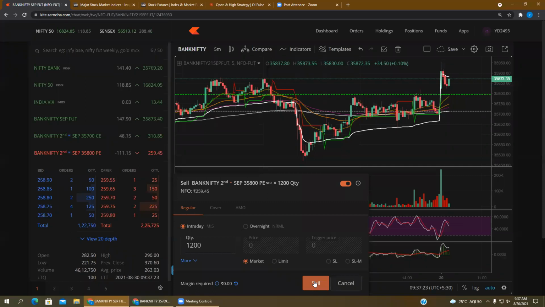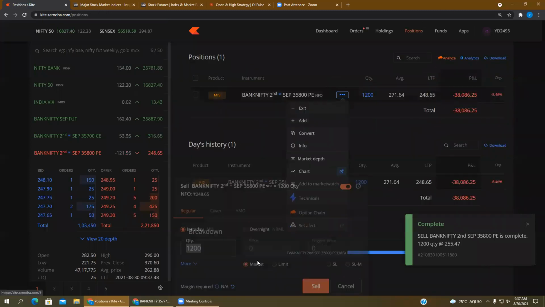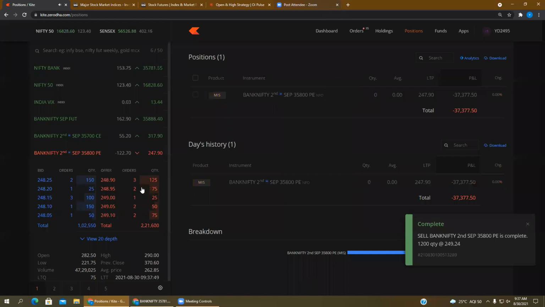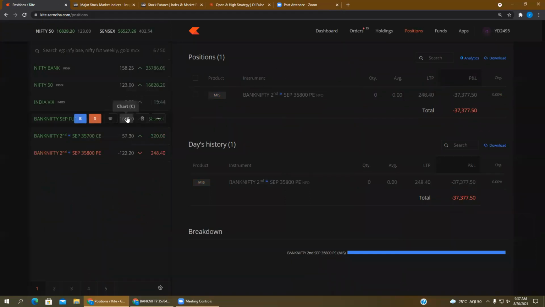Exited at 255, 1200. Exited more at 250. So no positions as of now.